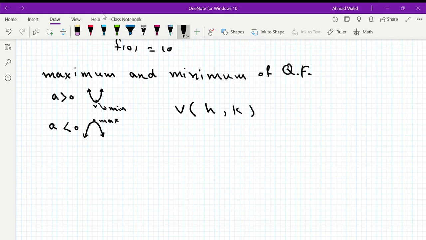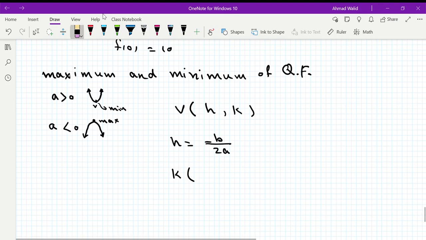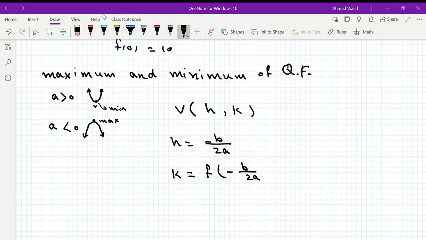And your h represents the value of x, and k represents the value of y, or f of negative b over 2a, if I talk that way. Even let's don't say x. My h was negative b over 2a, right? In my formula. And k was your k is f of negative b over 2a.